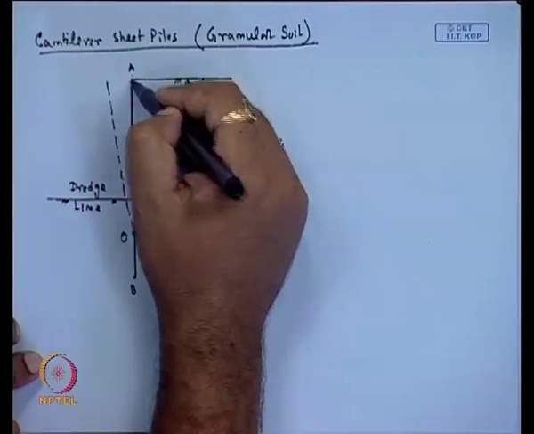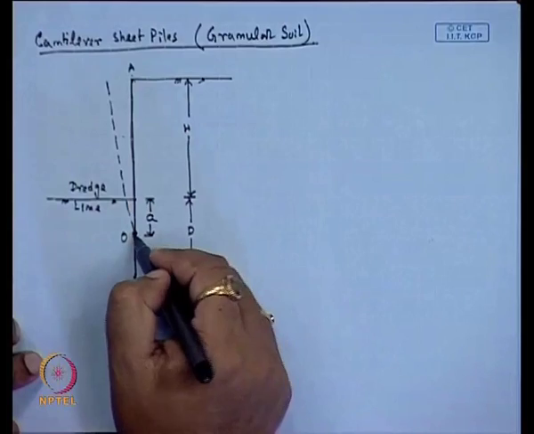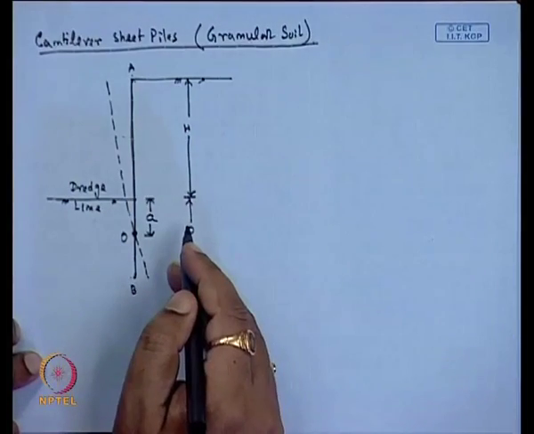So, from A to O on the right hand side active resistance, and from O to B passive resistance will act.